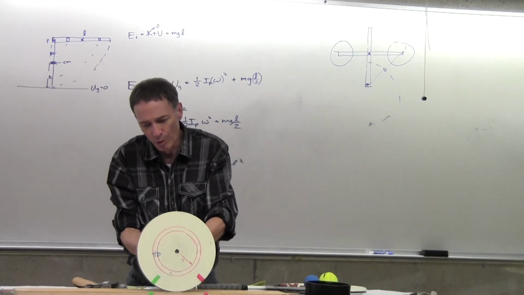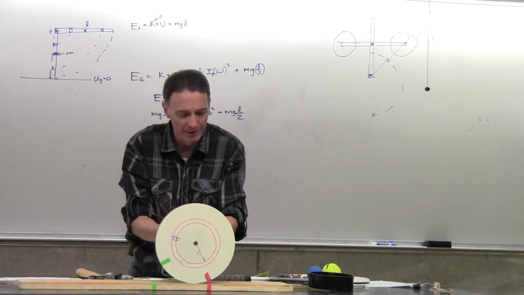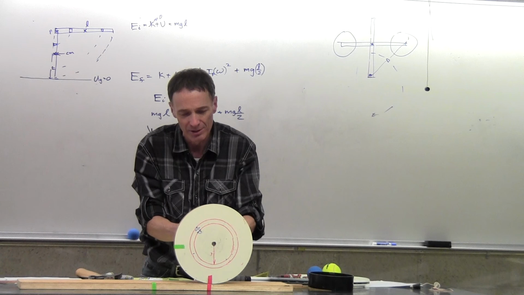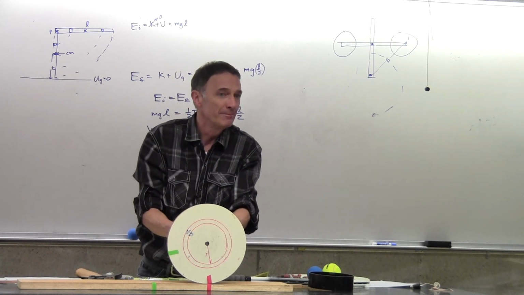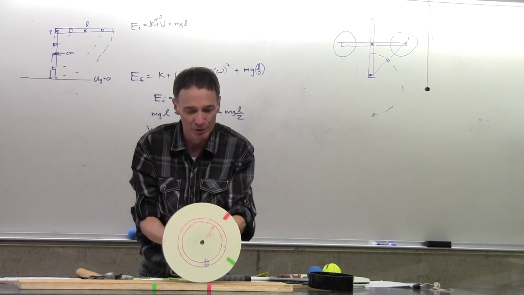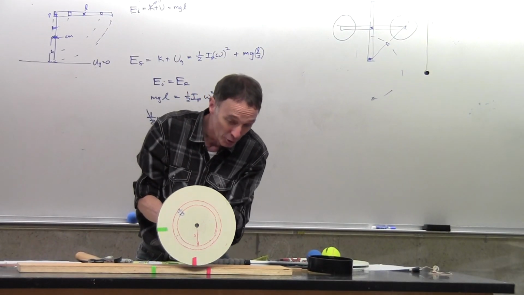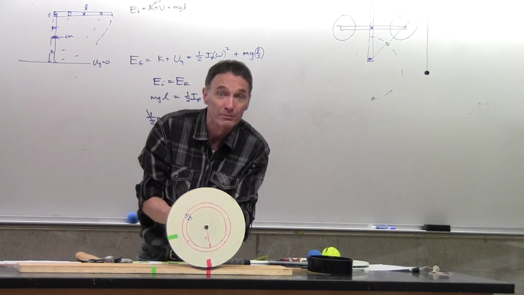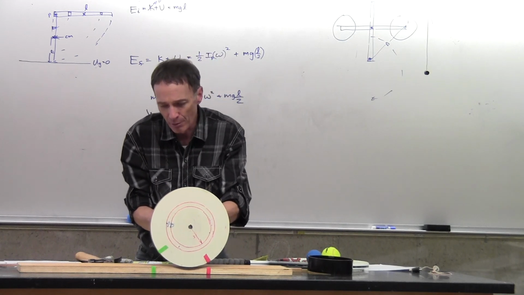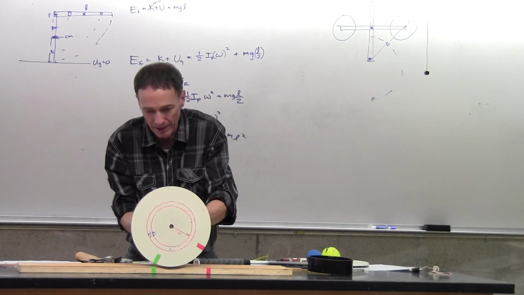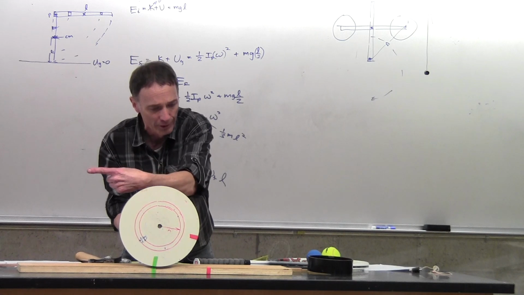Now if something is rolling, the key phrase you'll want to see in problems is rolling without slipping. Okay, that means the surfaces aren't skidding. It's not doing this kind of thing, but it's pure rolling. And as I rotate this thing, of course, it advances forward.